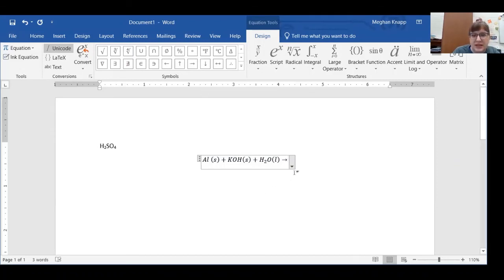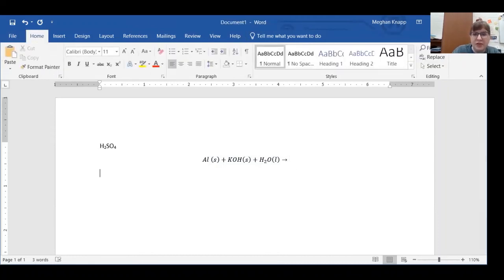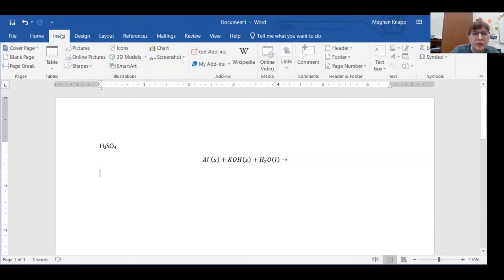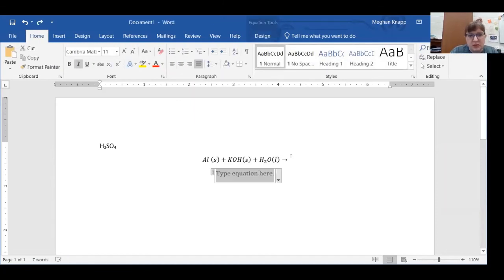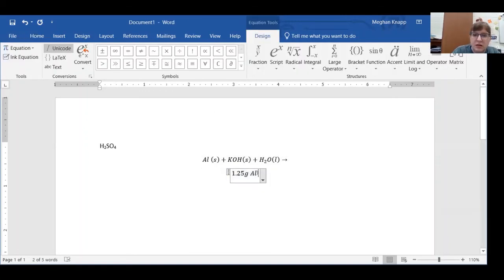And then if you ever need to put in a fraction, maybe you want to show a calculation like I had 1.25 grams of aluminum times, well, this can be something you can put in the equation editor as well. Insert equation. I'm going to put 1.25 grams of aluminum times, and now I can stick in a fraction.